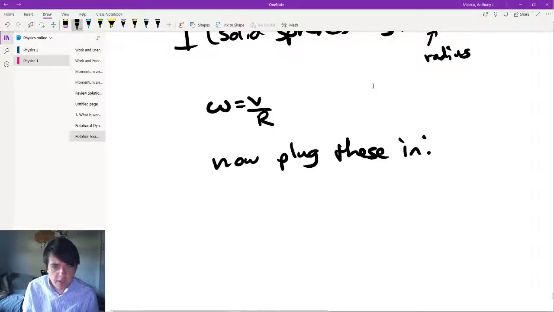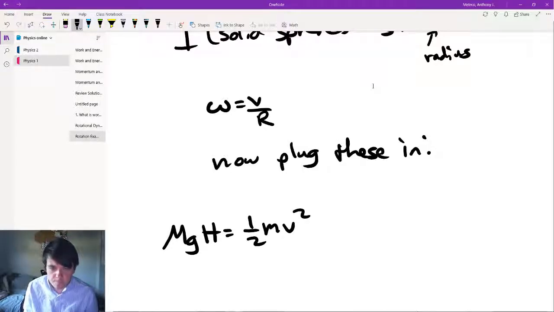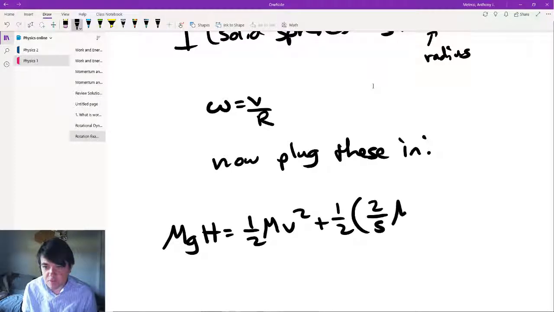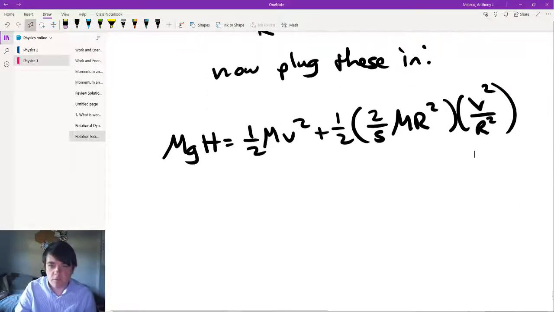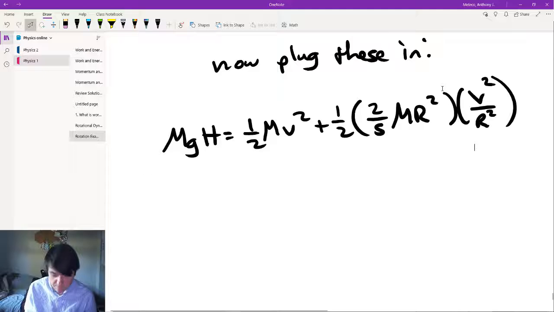So let's go ahead and rewrite mgh plus the linear kinetic energy. Now we're going to add the 1/2 I omega squared. For I, it was 2/5 m r squared. And omega is v over r, but since it was omega squared, it's v squared over big R squared. Now, let's multiply all of this out and simplify it a bit.